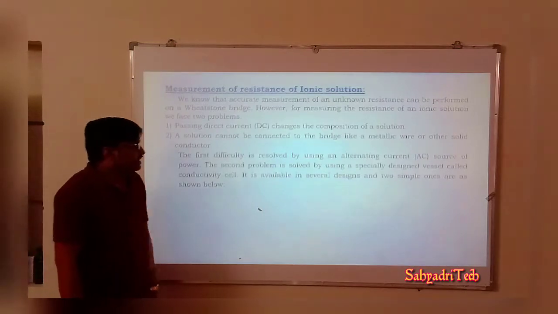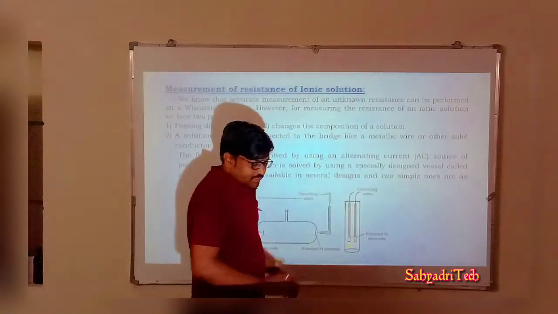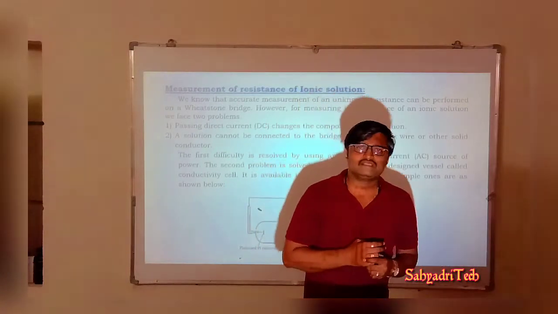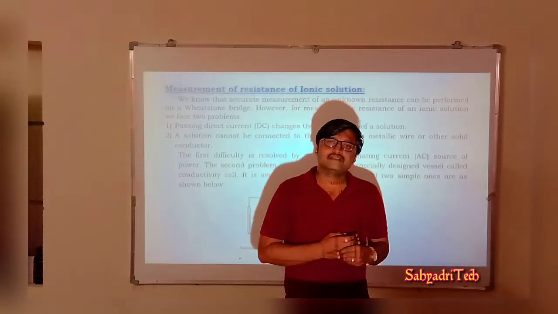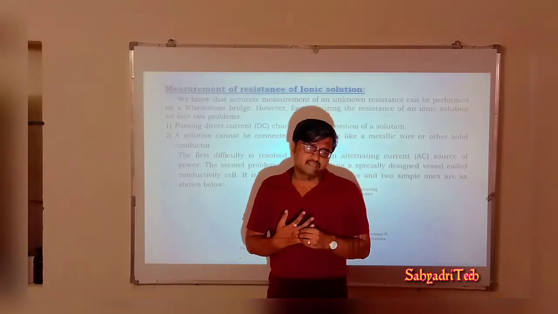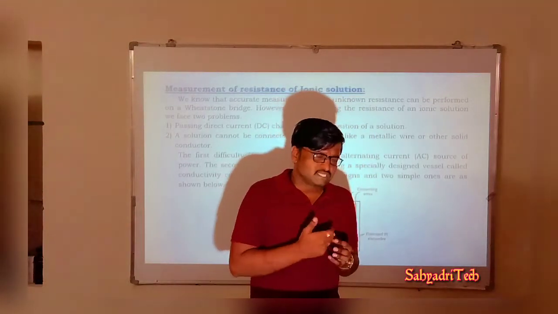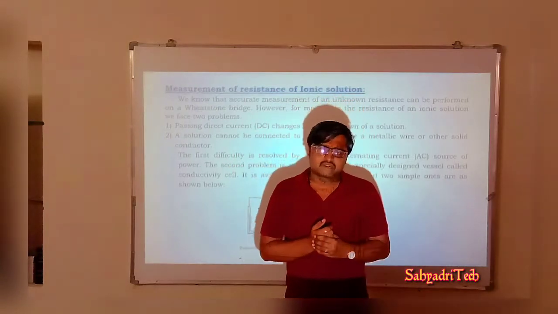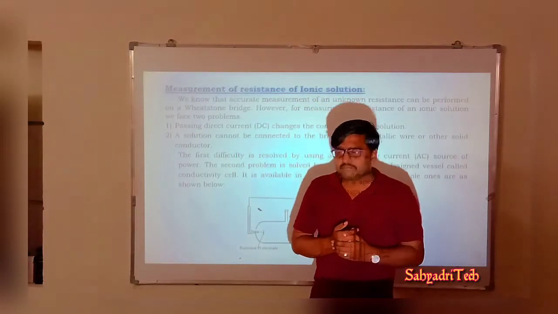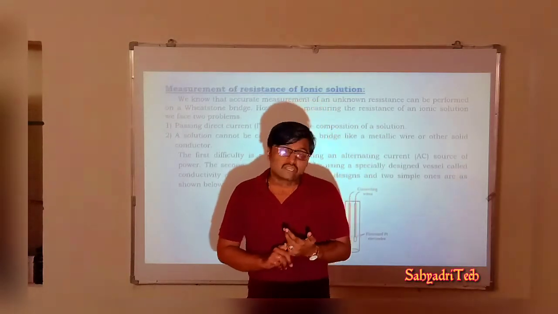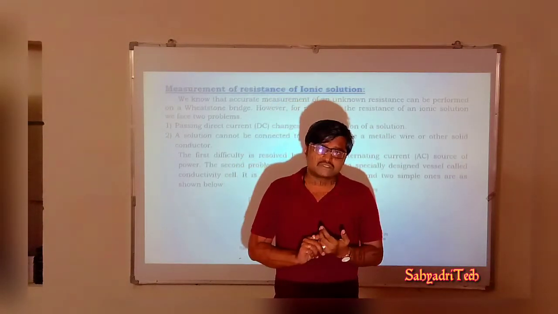Now when you consider conductors, as we mentioned, there will be two types. One is metallic conductors, second one is electrolytic conductors. Well, when you think of measuring the resistance of a conductor, can we measure the resistance of these metals as well as electrolytic solutions by using a Wheatstone bridge?